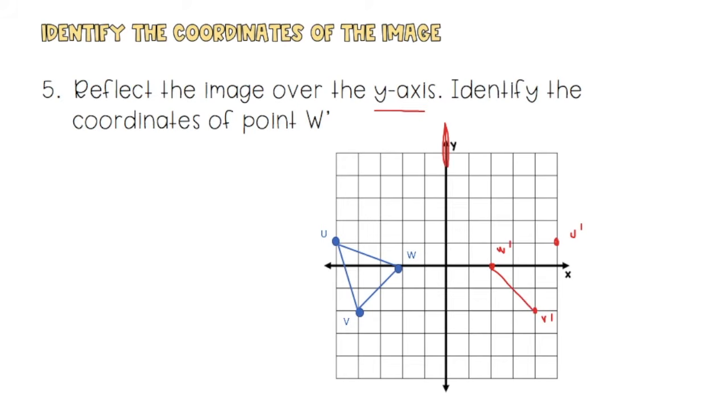I can connect my lines to see my image. It looks good. It looks as though we flipped it across our line. And now I have to write my coordinates for point W. And we said that its new location is going to be at (2, 0).